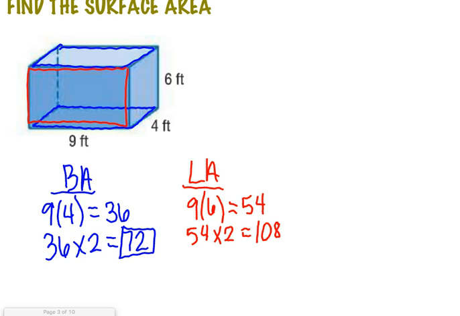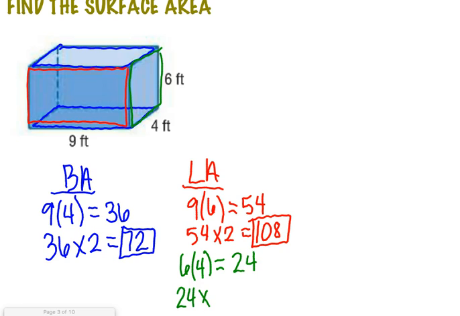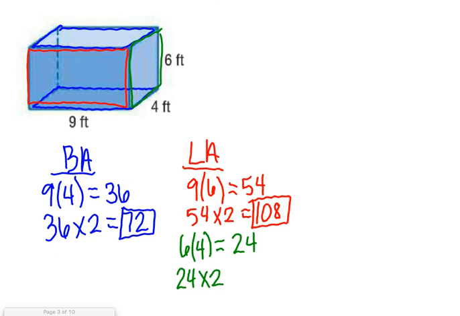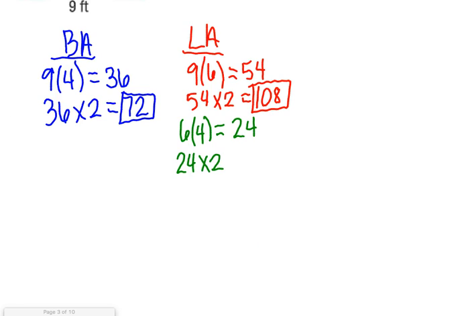Where did I lose you? And then we have our left and right walls, which measure what? Height. 6 by 4. And there's 2 of those guys that are the same. So it's 24 times 2. 48.